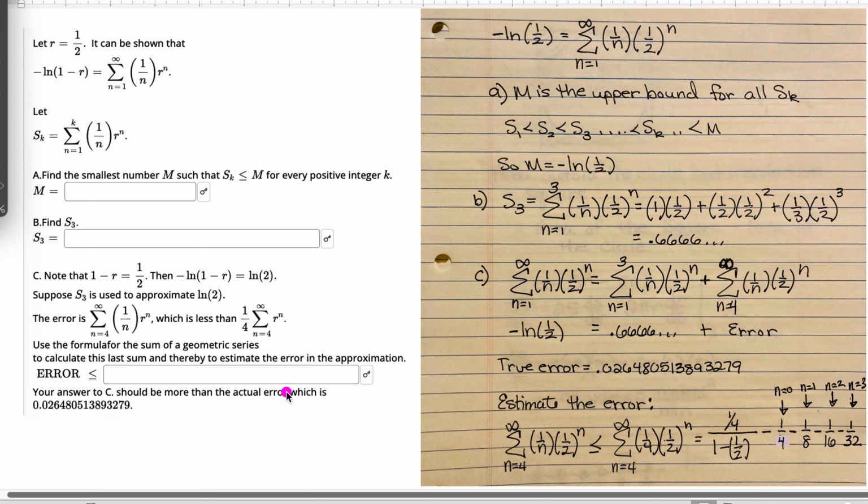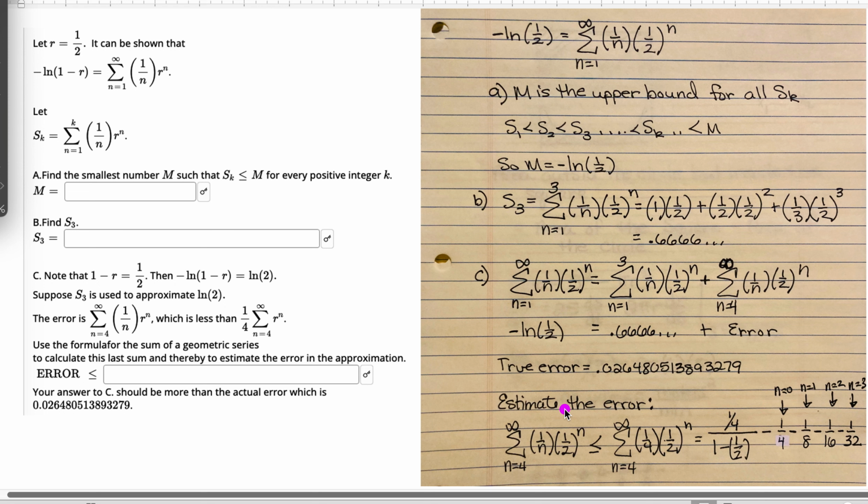But what the question wants us to do is to actually estimate the error using this. It says that the error from 4 to infinity of this, that's our actual error, is going to be less than this. So this is going to be bigger.